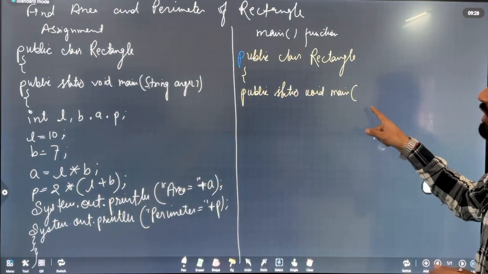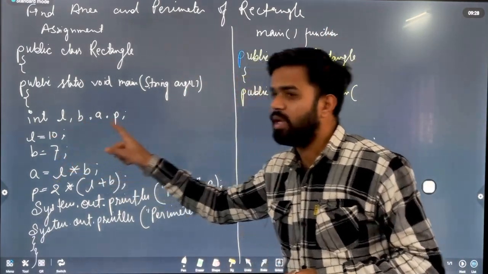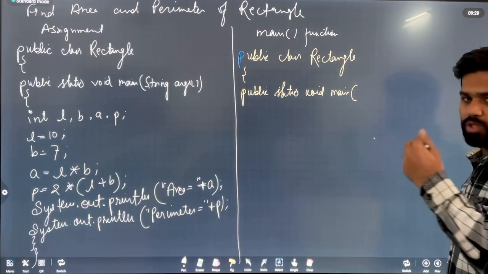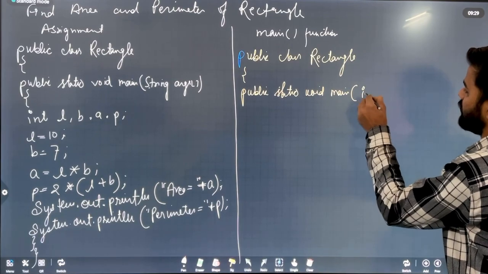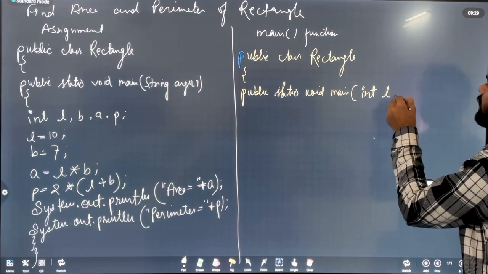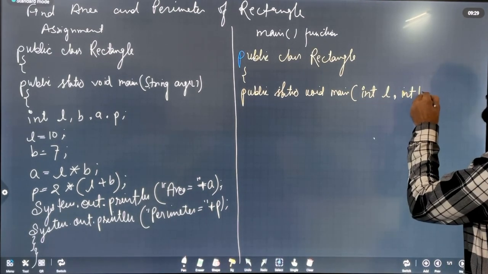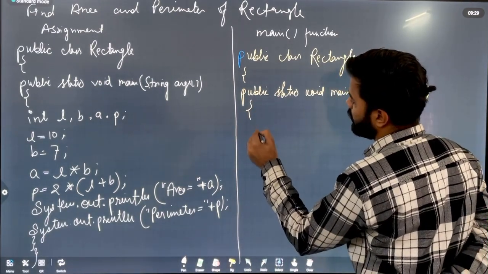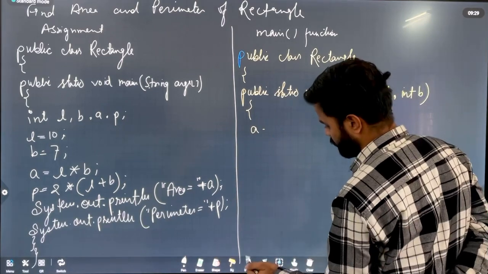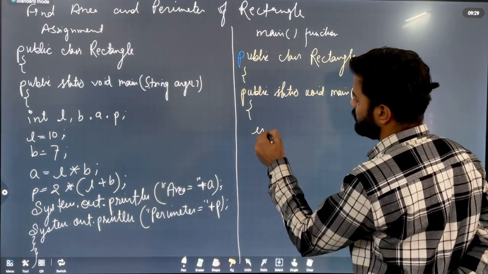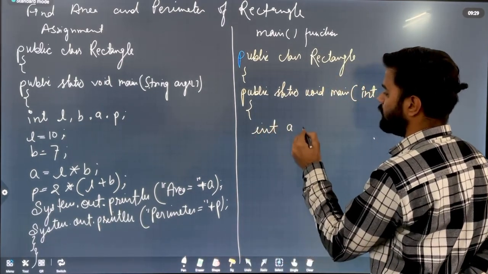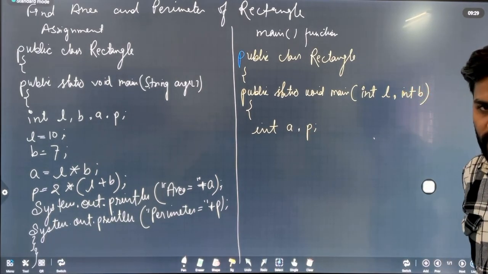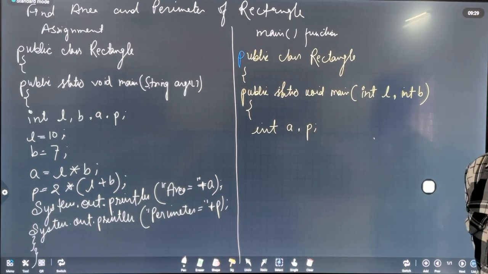But in the main function, the values of L and B are given by the user. So whatever values the user provides, we will mention those variables here: int L, int B. Now after this, we will write int A and P. A to find the area of the rectangle and P to find the perimeter.